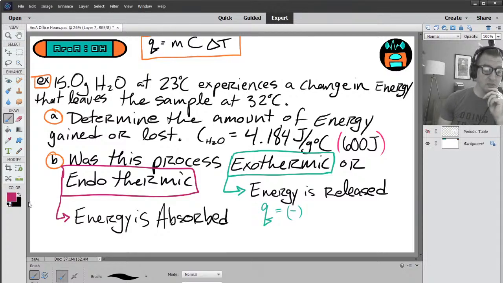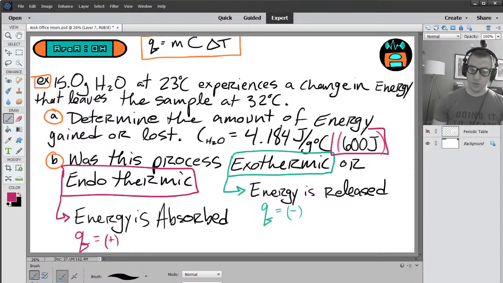And when energy is absorbed, the value for Q is positive. So you can compare that to the value we calculated, which was a positive 600, right? So this process, it's not a reaction, this process is endothermic because Q is positive. So you can look at Q to determine endothermic or exothermic.